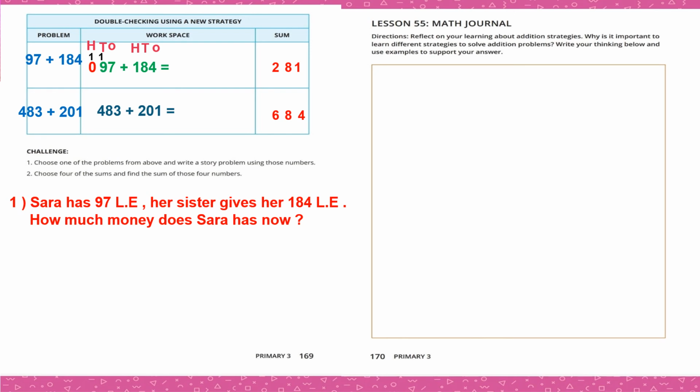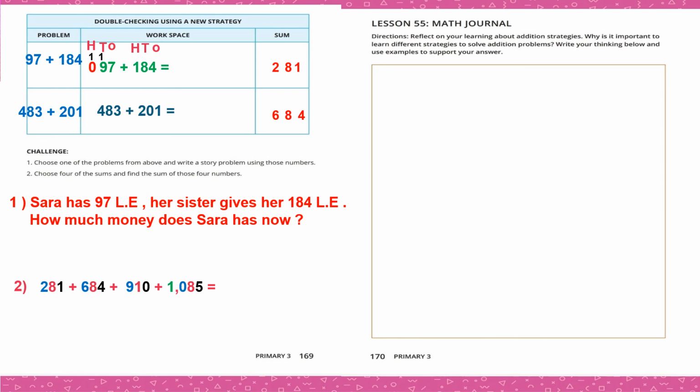Number 2: choose 4 of the sums and find the sum of those 4 numbers. Here we have 4 numbers and we want to get the sum of those numbers. Ones with ones, tens with tens, hundreds with hundreds.